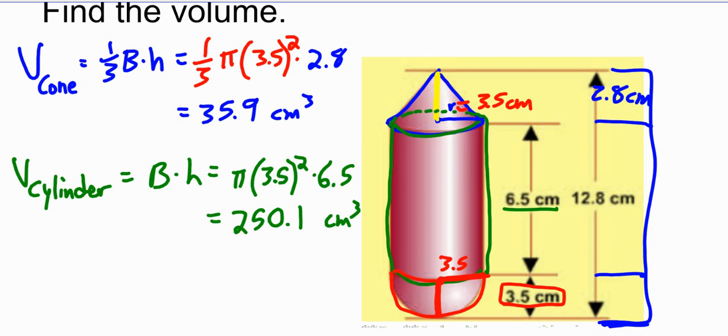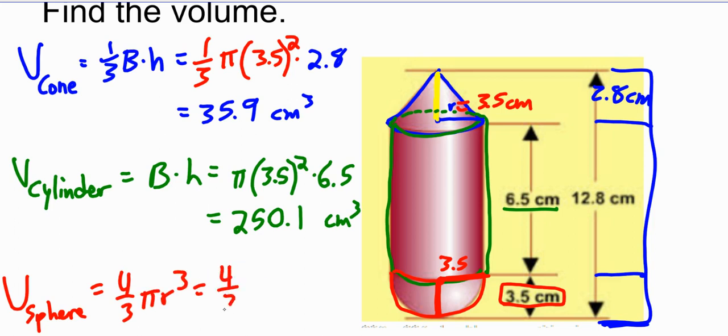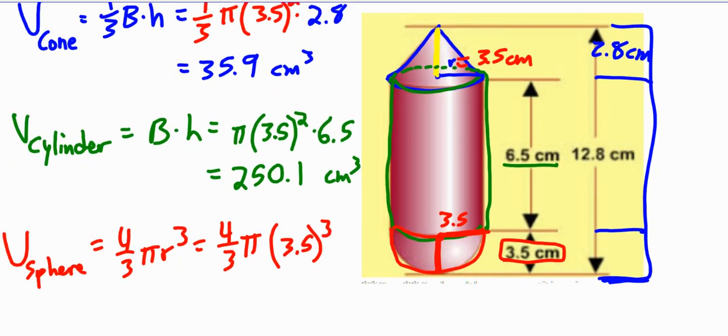And then lastly, we have the volume of the half sphere. So let's just find the whole volume of the sphere and then we'll cut it in half. So volume of a sphere is 4/3 pi r cubed. So 4/3 pi times our radius, 3.5 cubed.